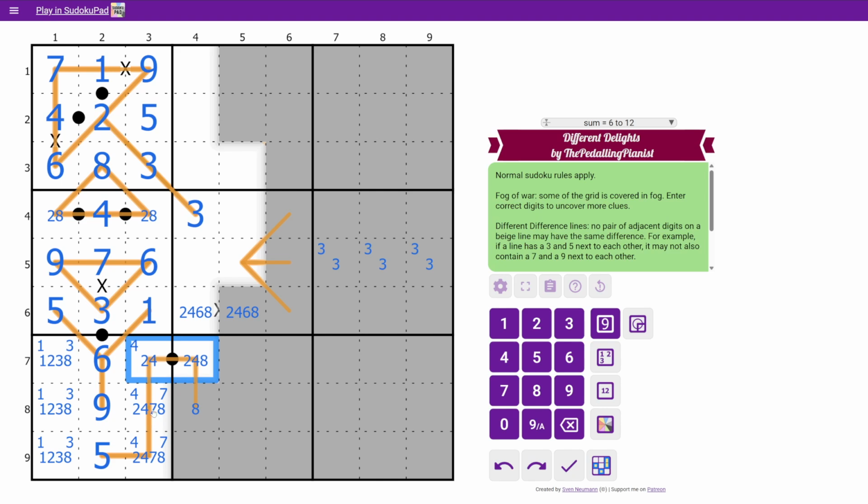So with a 2, it can't have a 2 and an 8.